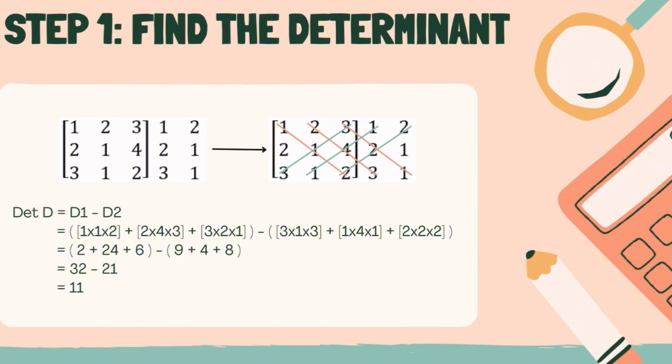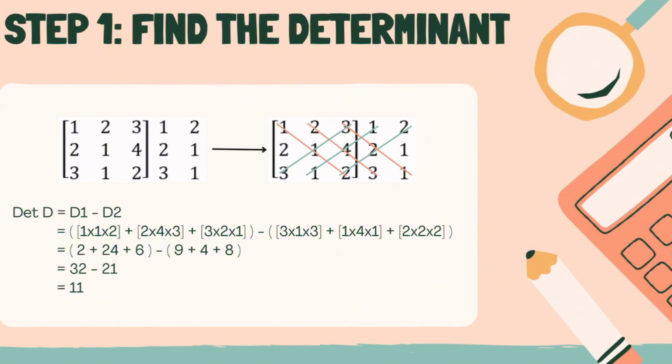And the third main diagonal is 6 because 6 multiplied by 2 multiplied by 1 is 6. The first secondary diagonal is 9 because 3 multiplied by 1 multiplied by 3 is 9. The second secondary diagonal is 4 because 1 multiplied by 4 multiplied by 1 is 4. And the last secondary diagonal is 8 because 2 multiplied by 2 multiplied by 2 is 8.